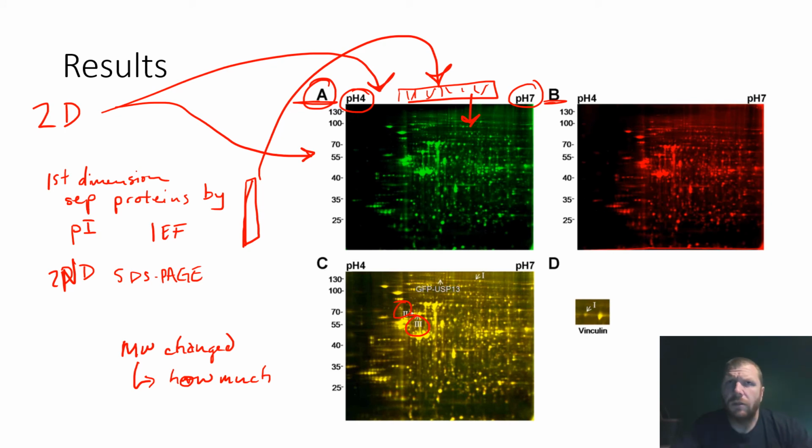Maybe what happened is the protein went from 76 kilodaltons down to 72 kilodaltons. So that's approximately a 4 kDa difference.